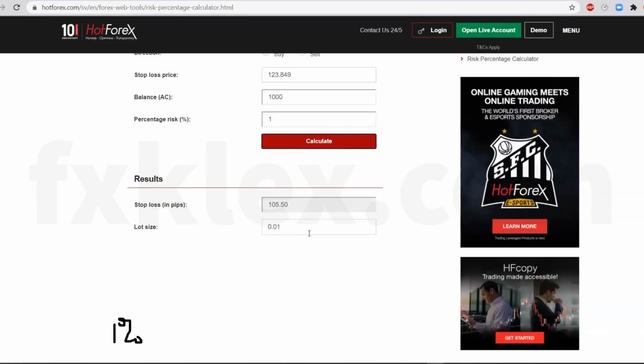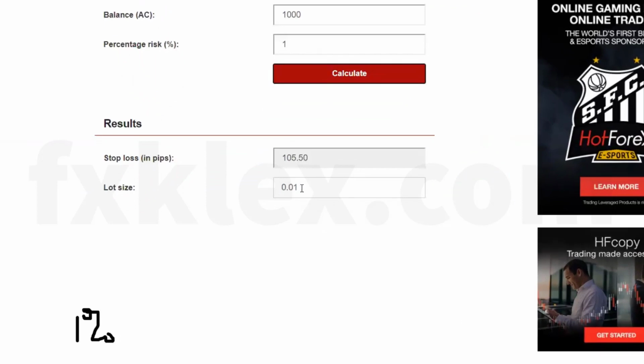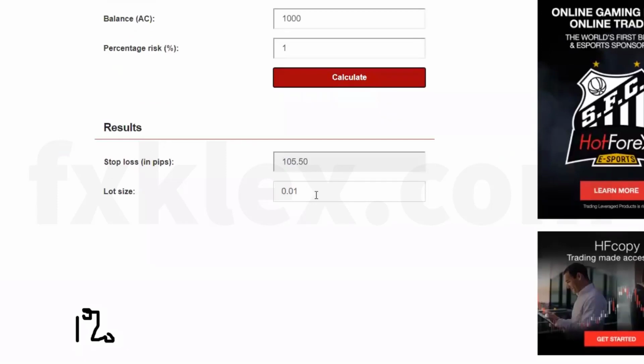So if the trade goes against you, you lose 1%. And this is the lot size which would correspond to 1% of your account. That is 0.01. Okay. So this is how you can calculate your lot size.